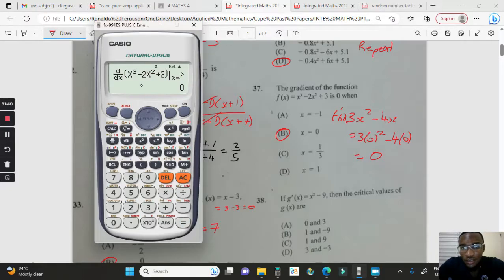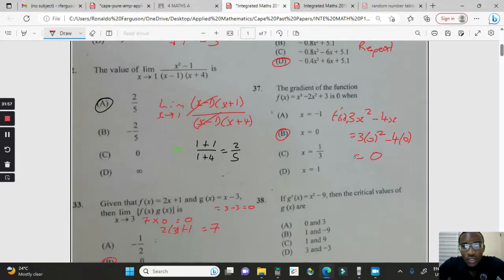Alright. So the gradient is 0. Right? The gradient of the function is 0. Oh, they were asking when is the gradient 0, as opposed to putting in x as 0. So really and truly, even though the answer coincidentally is right, this was not the correct way they wanted us to do it. The correct way was to say 3x squared minus 4x equals 0.